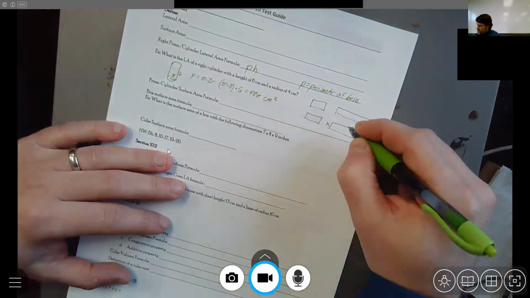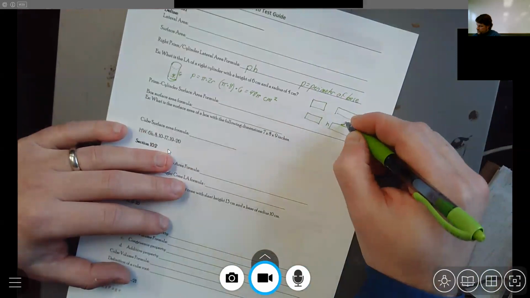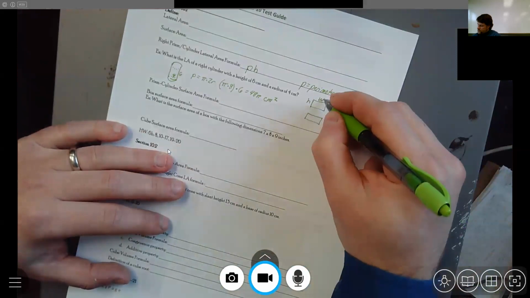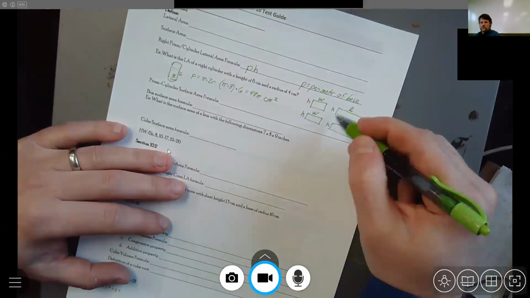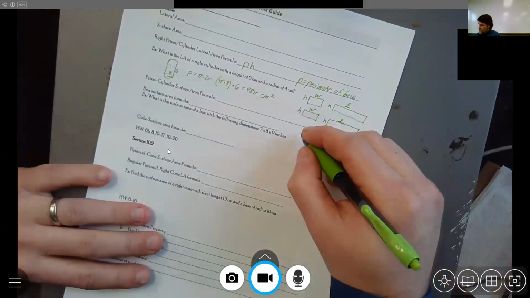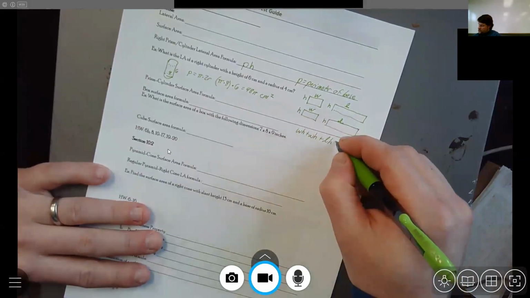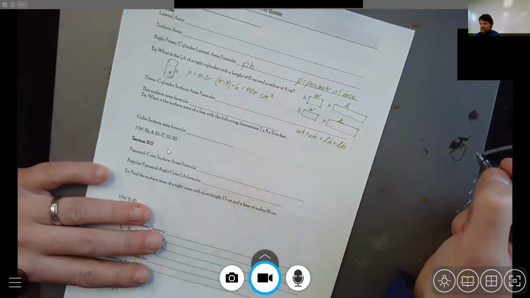So this is height by length, height by length. This is height by width. Those are the four sides. And so to add them up, you'd have WH plus WH plus LH plus LH, right?